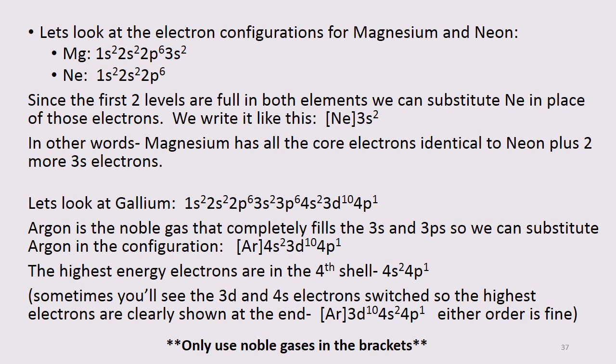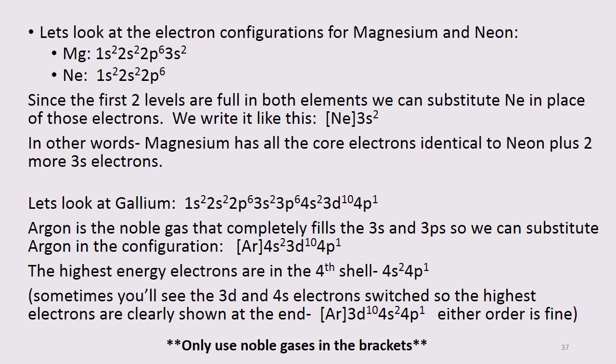They're in the highest shell, which is the fourth shell. So even though those 3d electrons show up, they're in the lower shell. So the highest energy electrons are the fourth shell electrons, and we say there are 3 electrons in that highest shell. Previously in magnesium, we would say there are 2 electrons in the valence shell, or the highest energy shell.